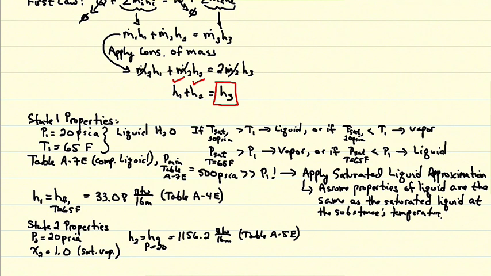Okay, so so far easy enough. I now have H1 and I now have H2. So my first law equation can be employed to give me H3. So I'll go to a new page here. And we can then calculate that H3 from our first law is equal to (H1 plus H2) divided by 2.